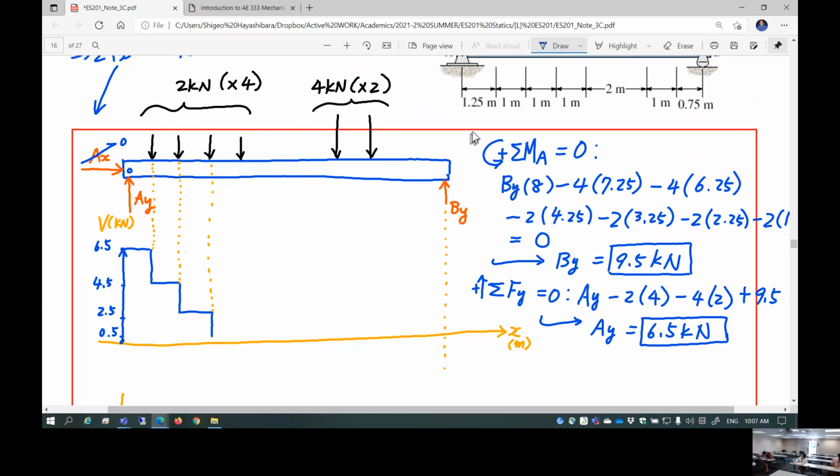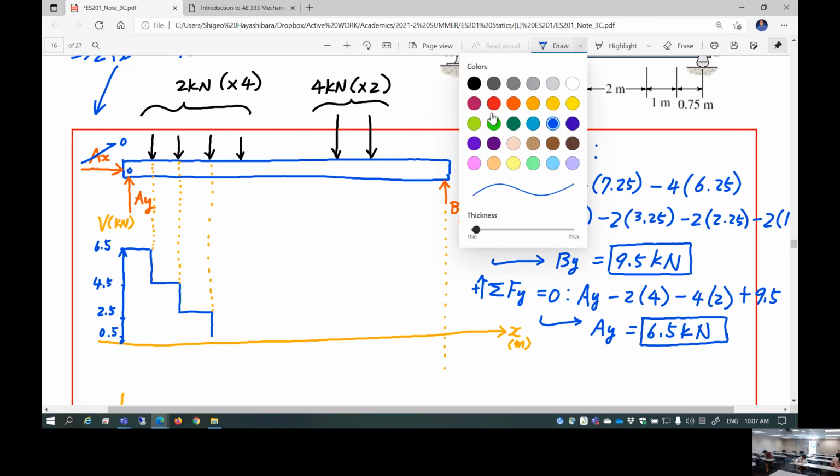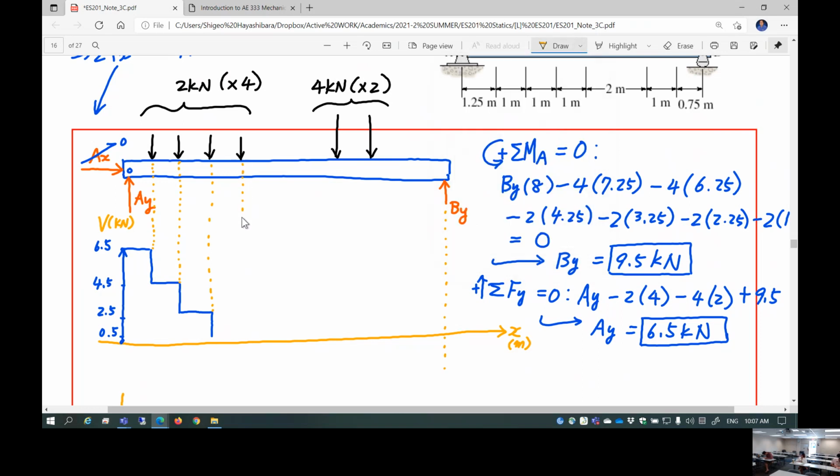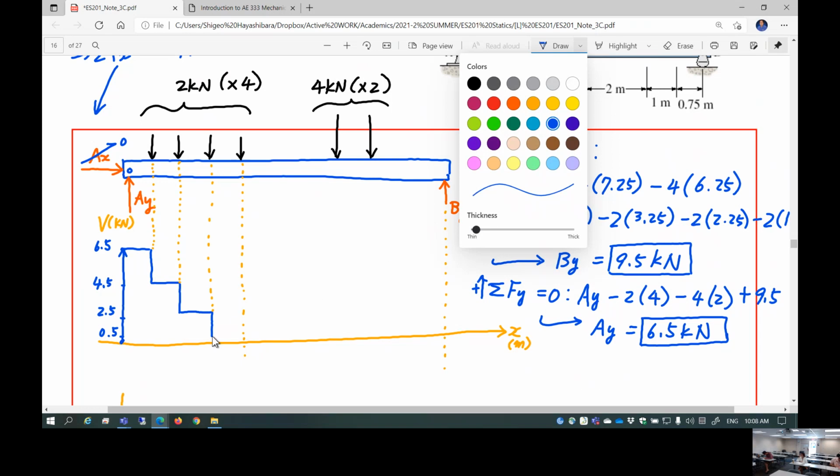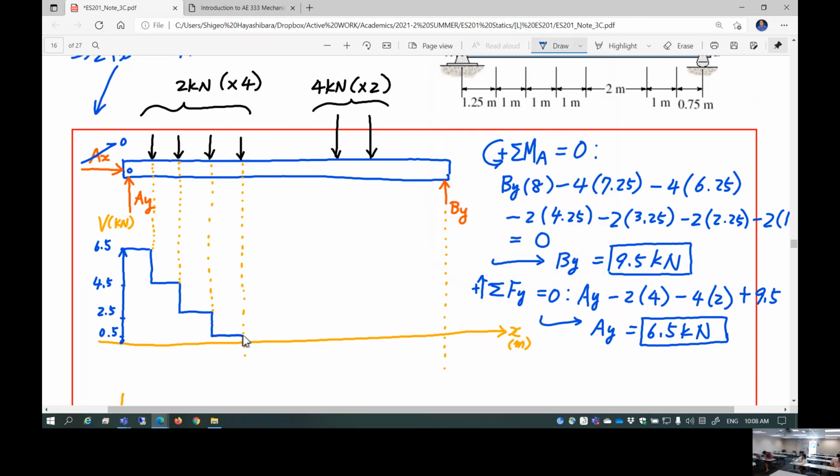Okay. And then shear is constant up until you hit another point force. So here's constant. You get another jump to here. Oh no, what's the value?